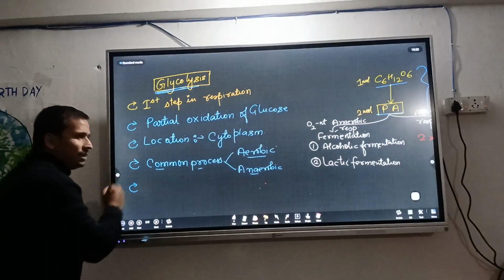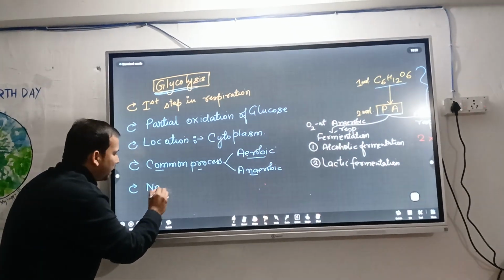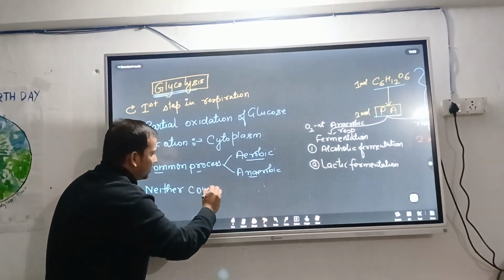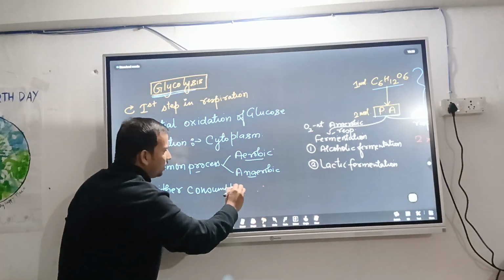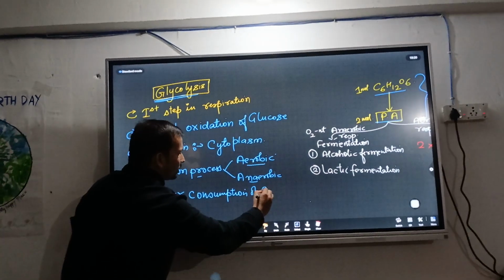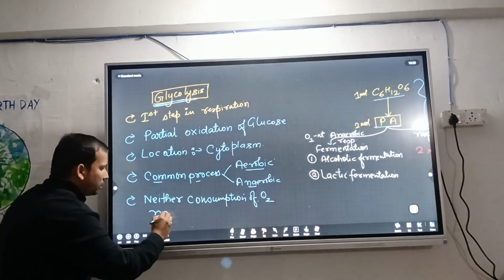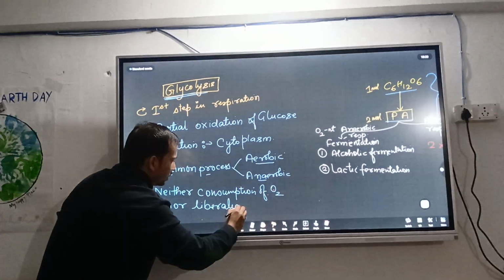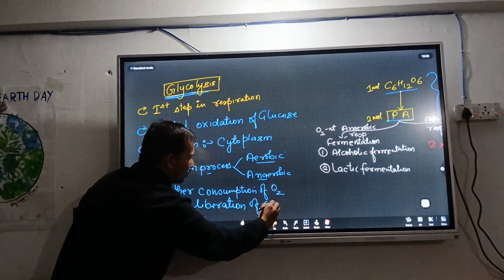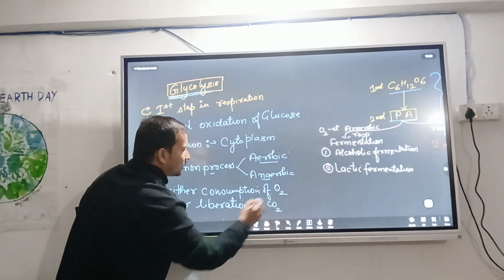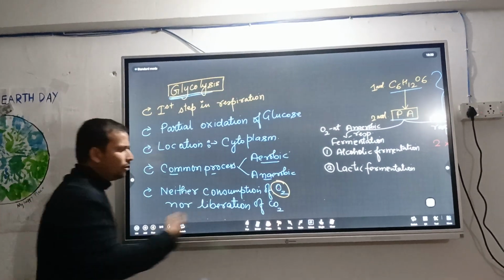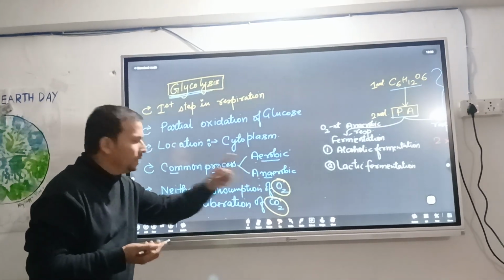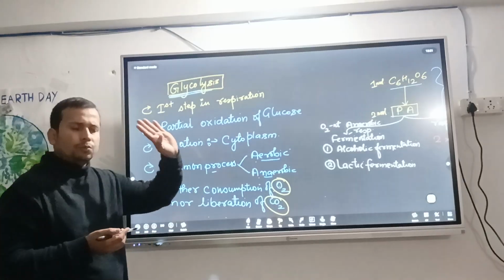Because, student, in this process there is neither consumption of oxygen nor liberation of CO2. So here it is neither asking for oxygen nor giving CO2. Okay, and that's why this is common in aerobic as well as anaerobic processes.